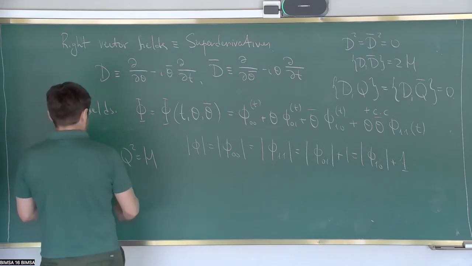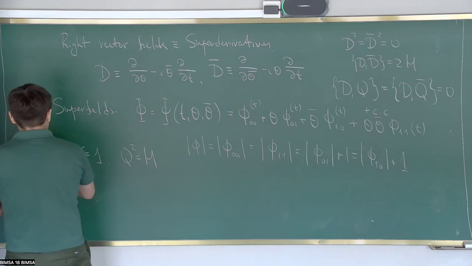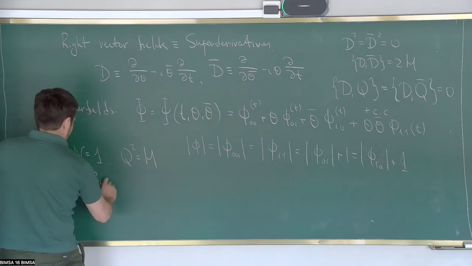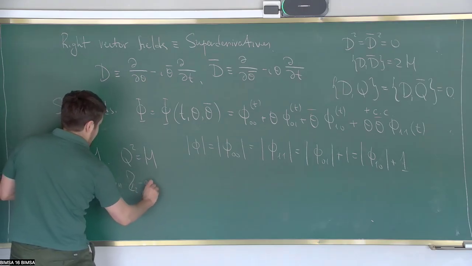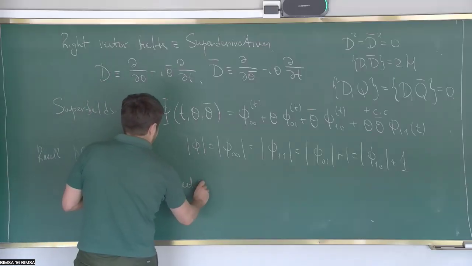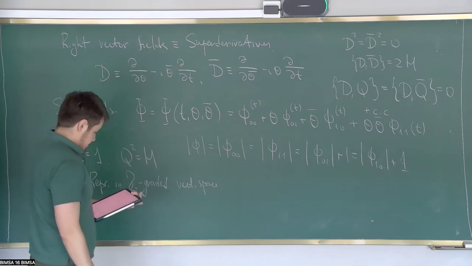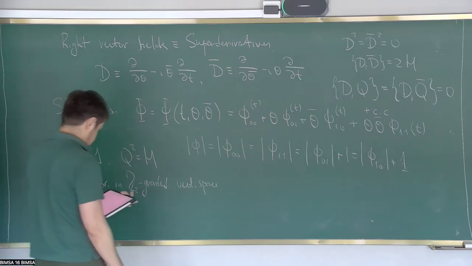Just to recall, we want a representation in a Z2 graded vector space. So the corresponding irreducible representation is of dimension 2.